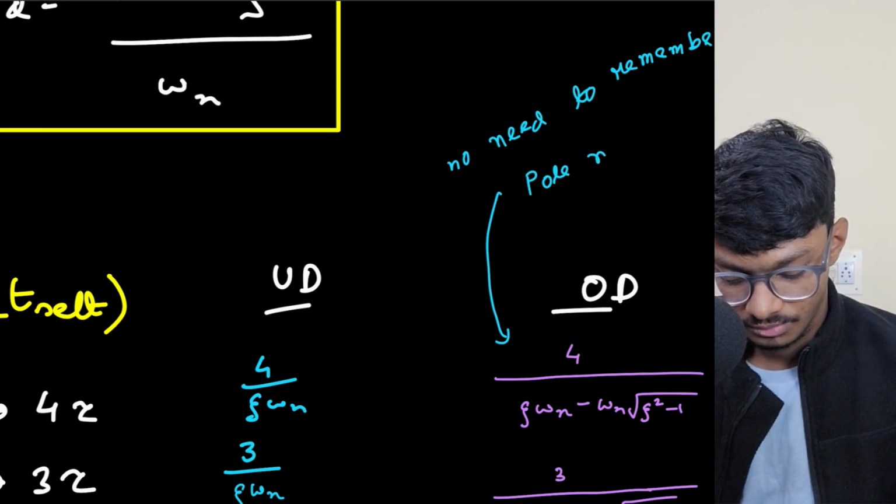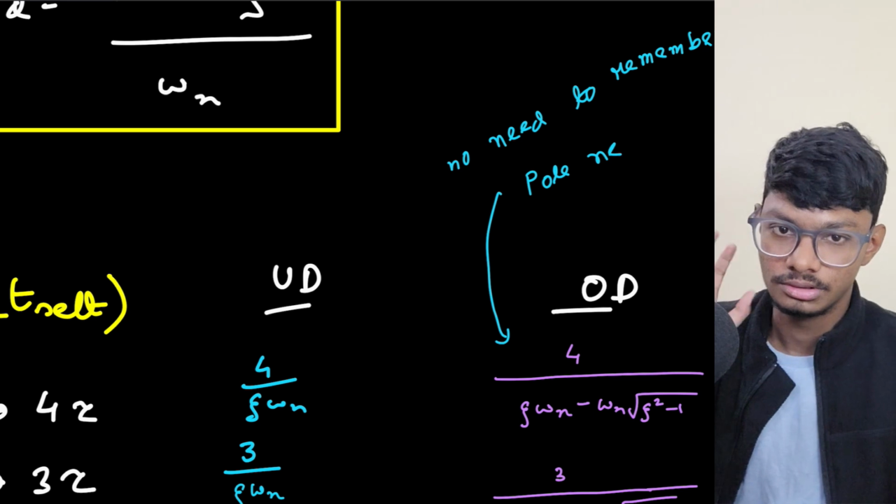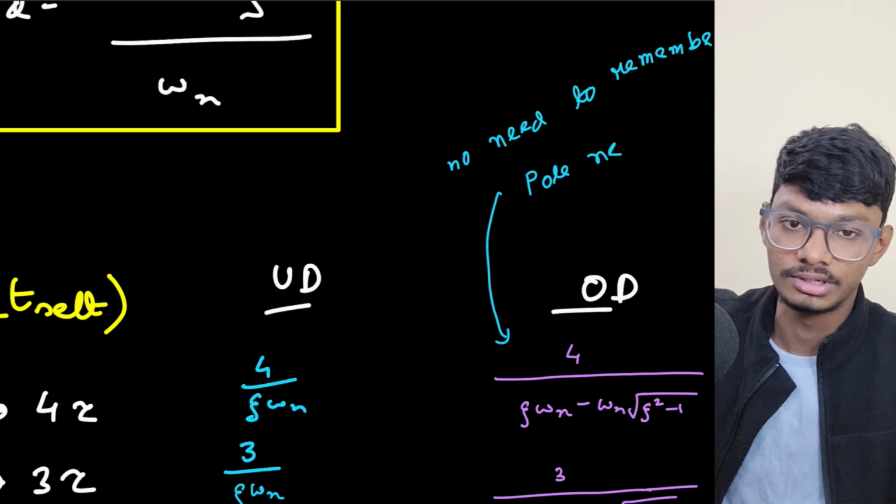Pole, because it will have two poles. One will be dominant and the other one will be farther away from the origin.